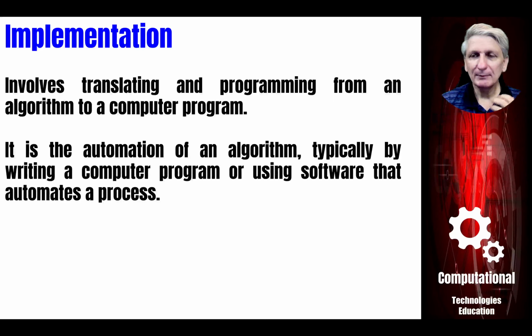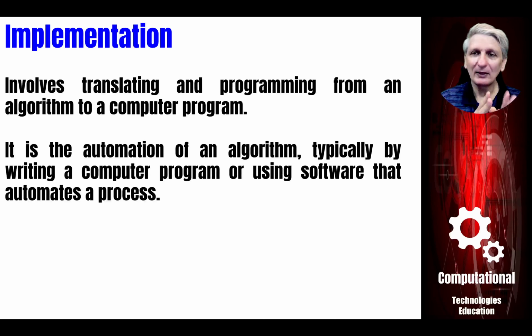So then we implement our algorithms. This involves translating the algorithm into a programming language. The algorithm is our set of instructions. It can be written just in plain language, plain English. Sometimes we do use diagrams such as flowcharts for that as well, or what's called pseudocode, which is semi-structured English language.